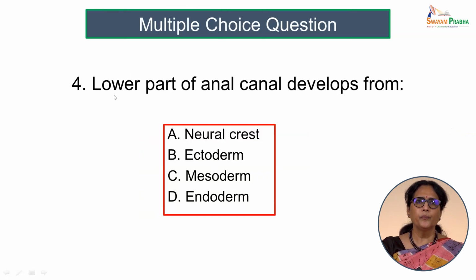Next, we move on to the fourth question. The lower part of anal canal develops from, and the options are A. Neural crest, B. ectoderm, C. mesoderm, and D. endoderm.